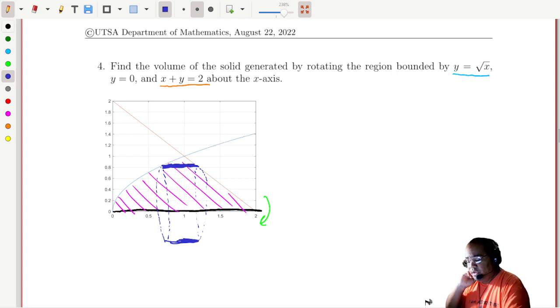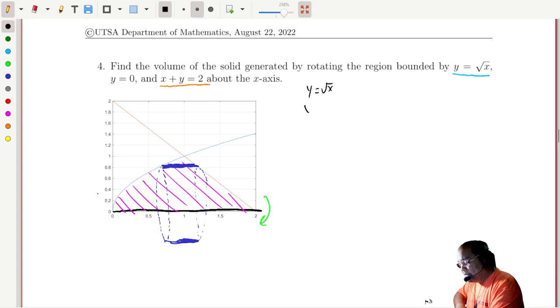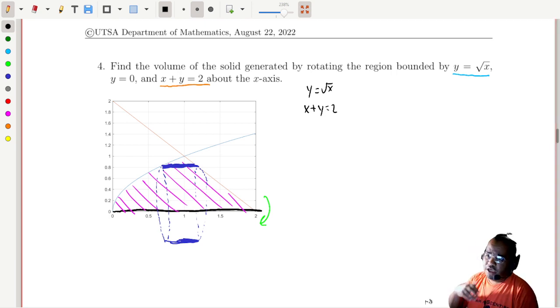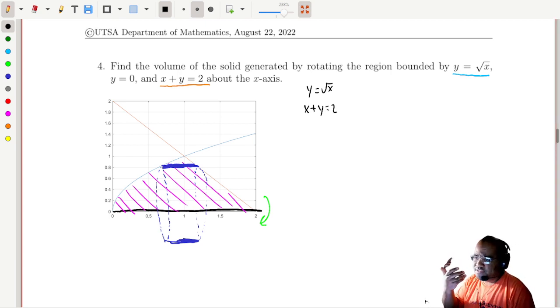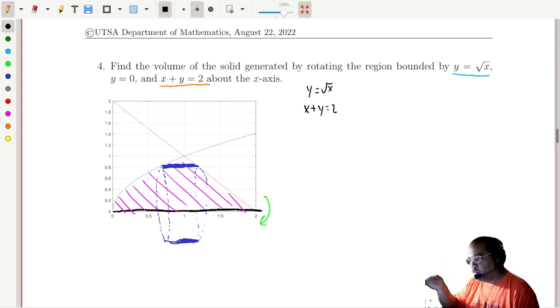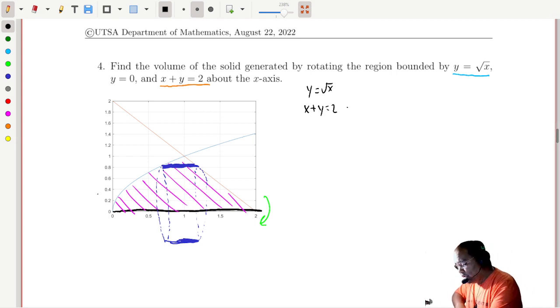Okay, so we're going to go ahead and solve this system of equations here. That's what we have here. We have y equals square root of x and x plus y equals 2. I want to solve this so I get y values in the end. It won't really matter how we go about it.